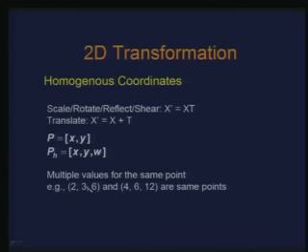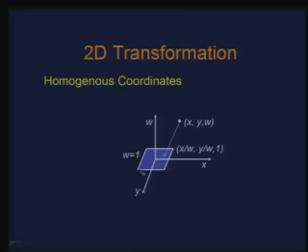What we are saying here is that we take the representation of the point from 2D space into another space with a third dimension W. Geometrically, we get a space where the point is represented in terms of a ray.